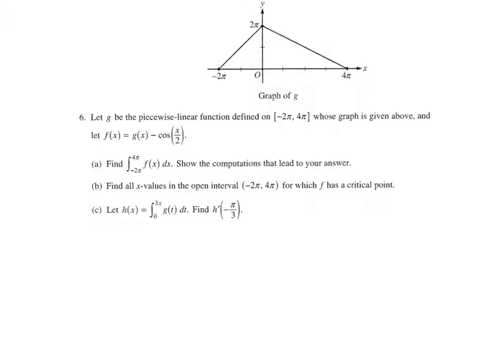Then it's a matter of plugging in negative pi over 3 for x and determining what happens at that point based on the information you have in the problem.